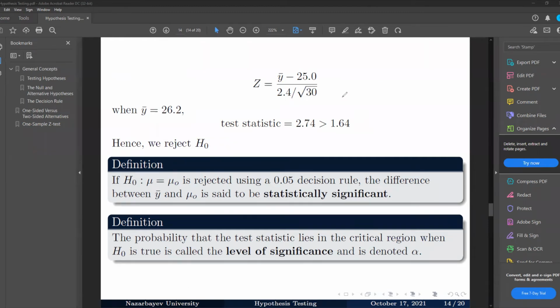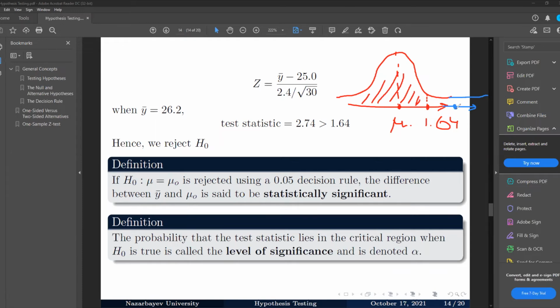So basically, if we look at our null distribution and its 95th quantile, then y bar of 26.2 corresponds to this value that is to the right of 1.64, equal to 2.74.